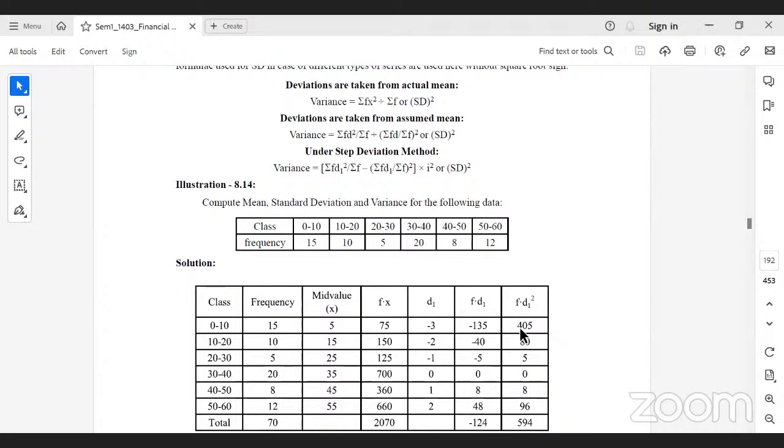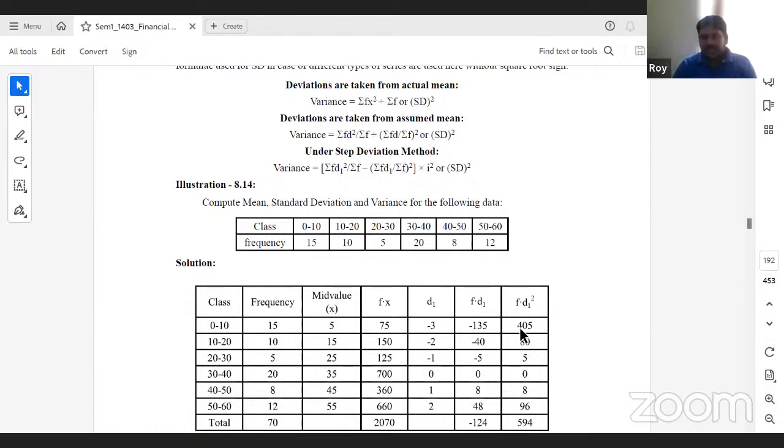Can you please help us with the assignment parts, sir? What assignments do you have? Sunita, since last week we started. Sunita, I'm sorry, I don't know whether I have the network problem or you have the network problem, but I'm not able to hear your voice.